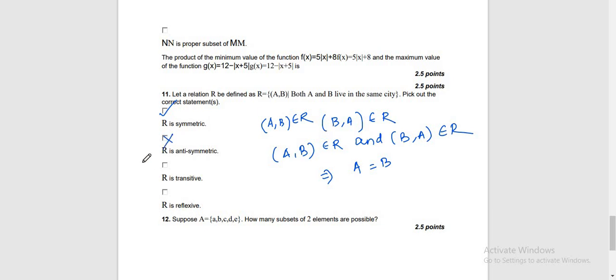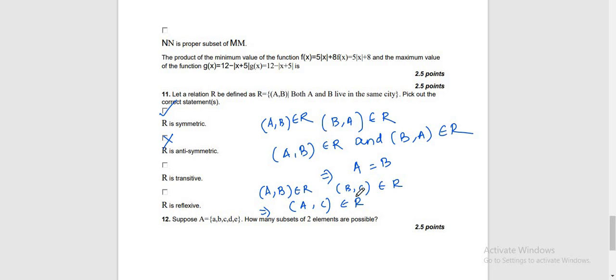Moving to the third option, R is transitive. What does transitive mean? I have considered (A, B), an element of R, and another one, (B, C), which also belongs to R. From these two, I can conclude that (A, C) is also an element of R. Just think of you, your friend and another friend.